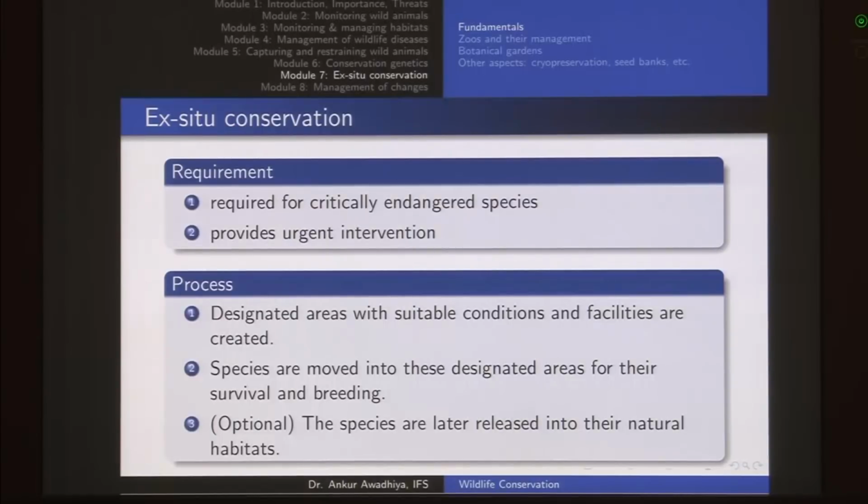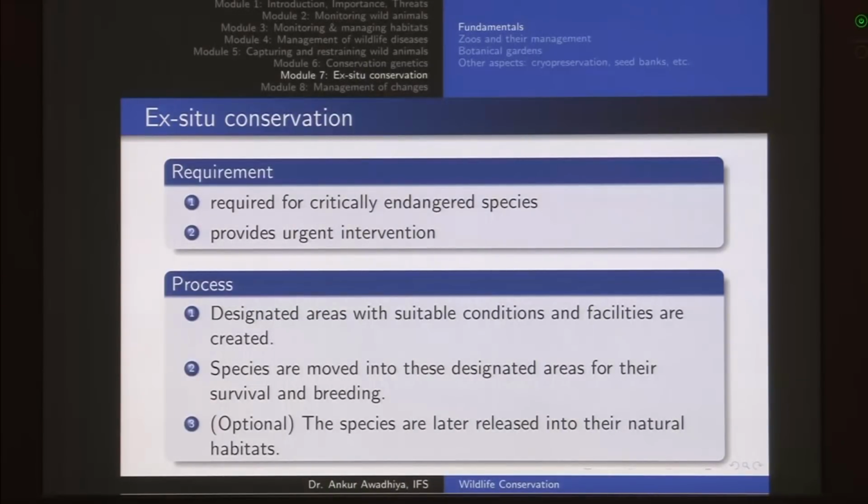Now requirement: these are required for critically endangered species. So for instance, in the case of a species such as the Javan rhinoceros, we have say around 100 individuals that are left in the natural environment. Now if those 100 individuals are left in the forest, in the case of our in situ conservation methods, the level of protection is not that great, so people would still go inside and try to poach these rhinoceros.